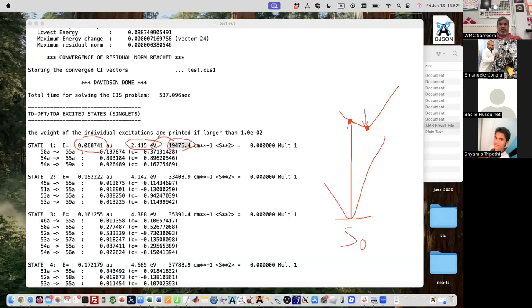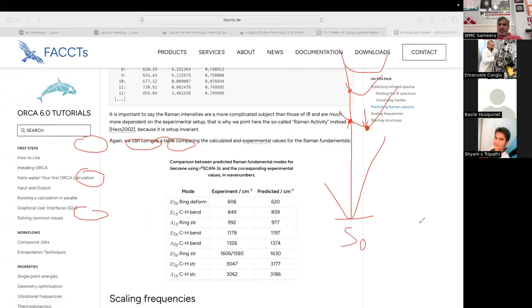But now here you see the energy of the first excited state, and the energy of the second excited state is here. So you can find it over here. This is the third excited state, so it's even higher, and so forth. I hope I answered your question.